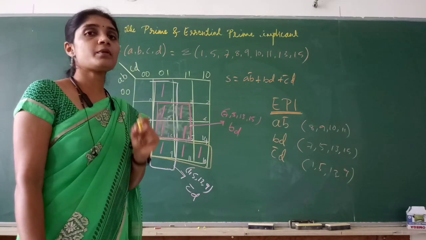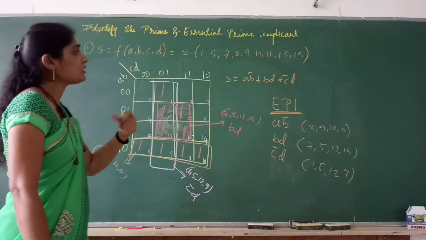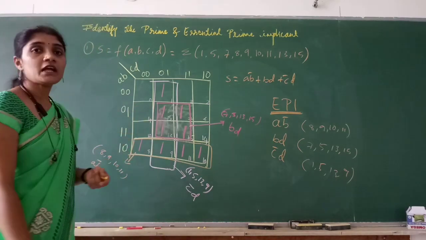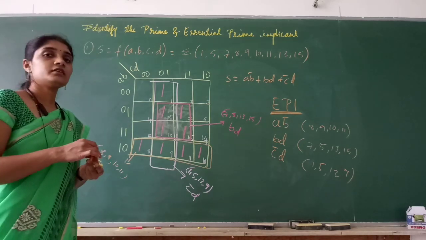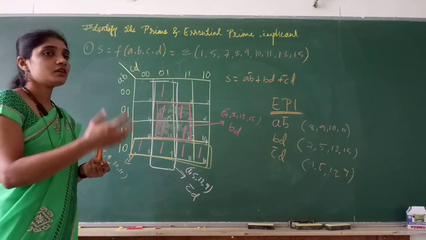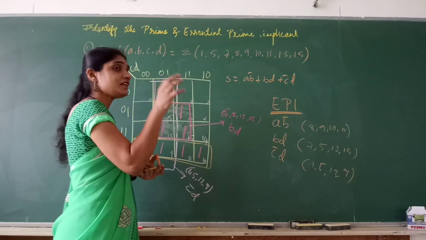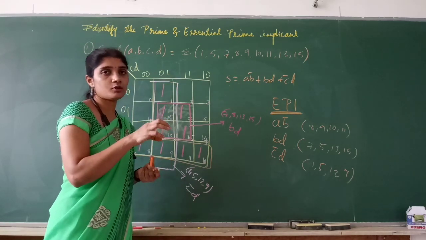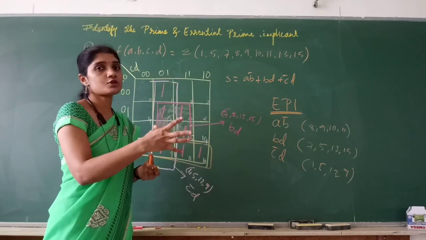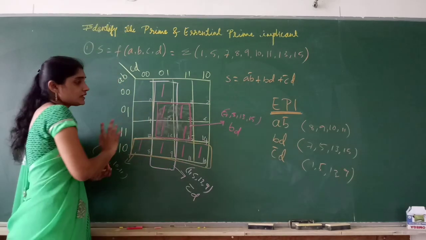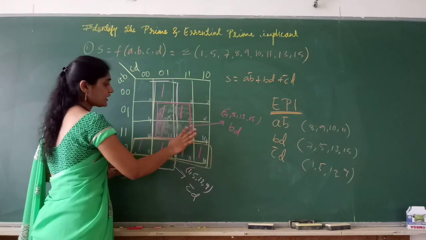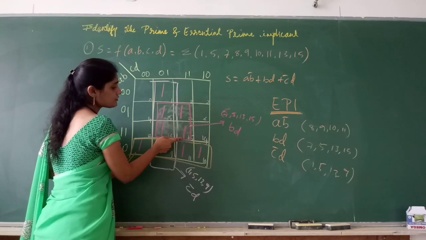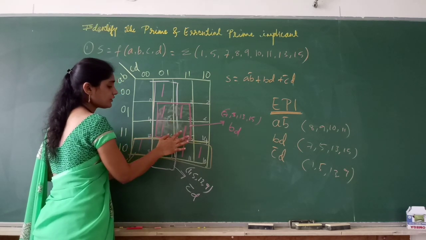In the simplified equation, whatever prime implicants you have are nothing but the essential prime implicants. Now, what are prime implicants? In a prime implicant, there need not be any unique min term present in the group, but it has to be the largest grouping. For example, this is the grouping we have done; 7, 15, 5, 13 we have covered.